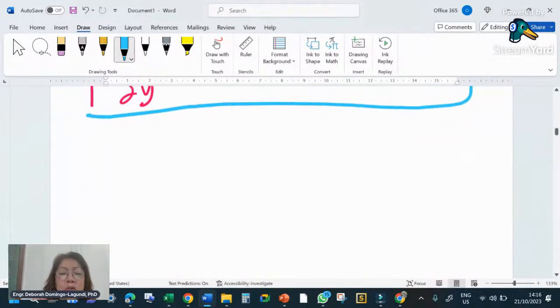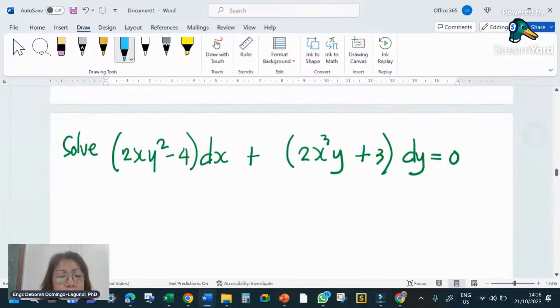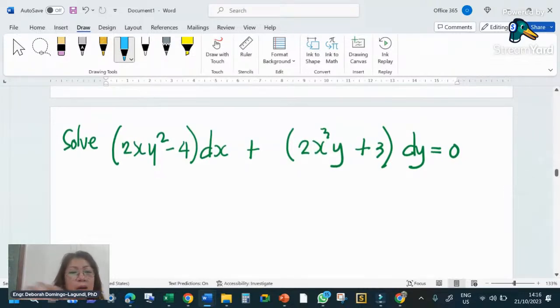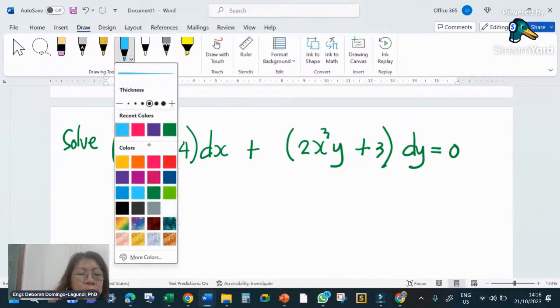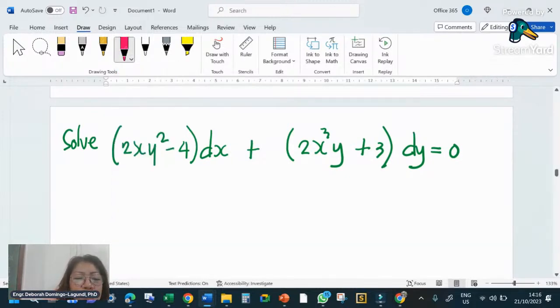Now let's go to the exact differential equations. So this is a question where we have to separate the dx and the dy terms and compare them later. Now, this one, the 2xy squared minus 4 dx is actually your M, okay? And this is your N, okay?